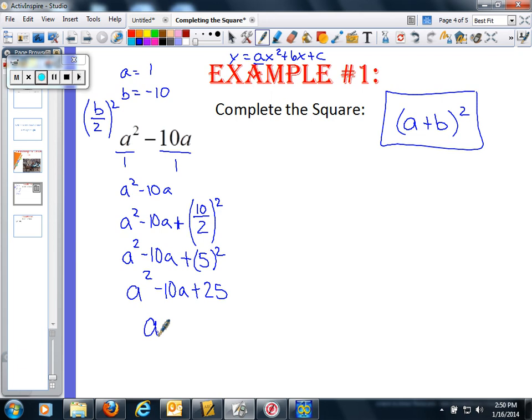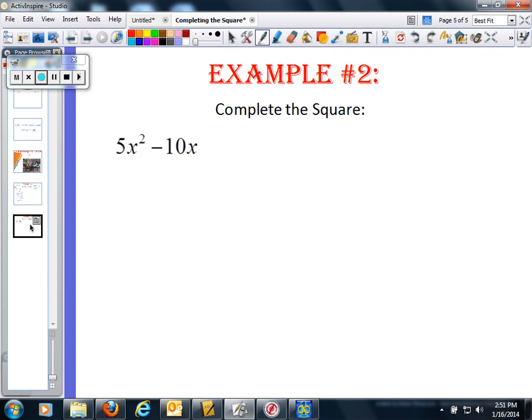In this case, a ends up being the exact same thing as the a in the formula because there was an a in the problem. Now, whatever this sign is, that's going to be my sign for the inside. So this is going to be minus. And here is my b. So it's going to be (a minus 5) squared. Okay? And that is my perfect square.